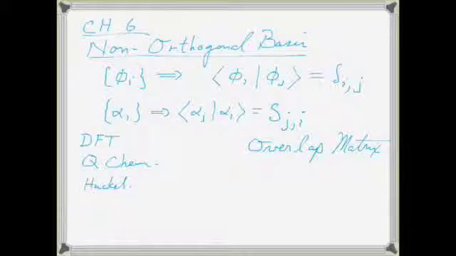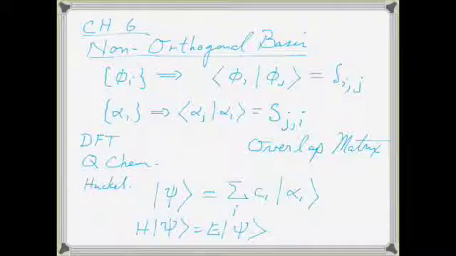So, as usual, we're going to be expanding our wave function in terms of our basis, so that doesn't change. You expand your wave function in terms of your basis, and then you put this into Schrodinger's equation, H psi equals E psi, and then you substitute in that sum for psi.